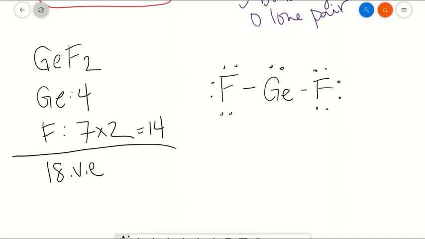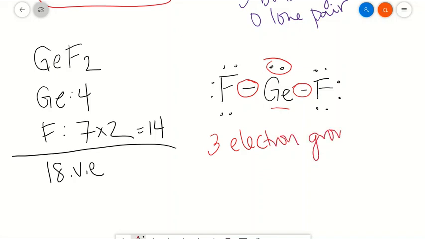So now we're going to ask the question about germanium. How many electron groups are around germanium? We have 1, 2, 3. How many of them are bonding? This one and this one.